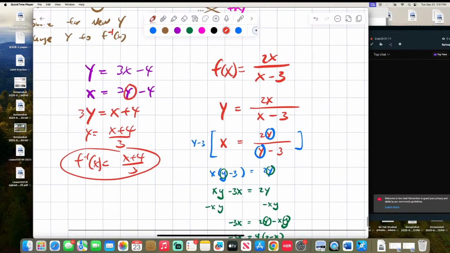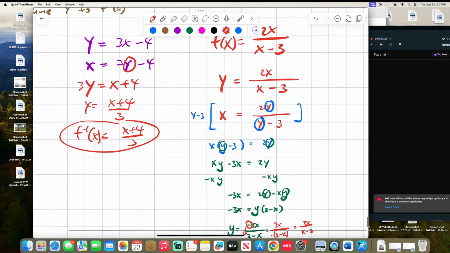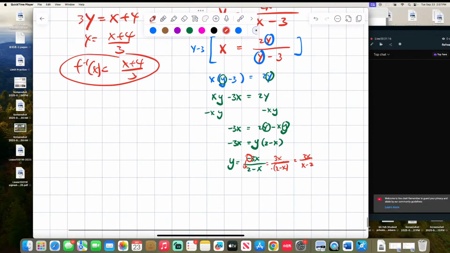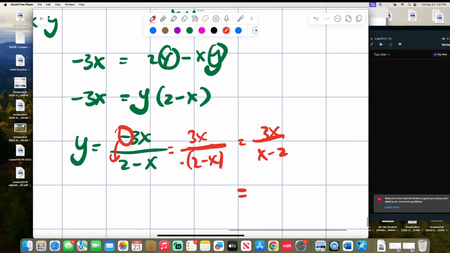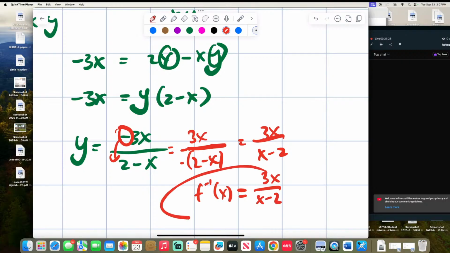But this is different than before, right? Before it was 2x over x minus 3, and this one's 3x over x minus 2. And this one you're going to put as f inverse of x is 3x over x minus 2. Does that make sense? This is how you find an inverse function.